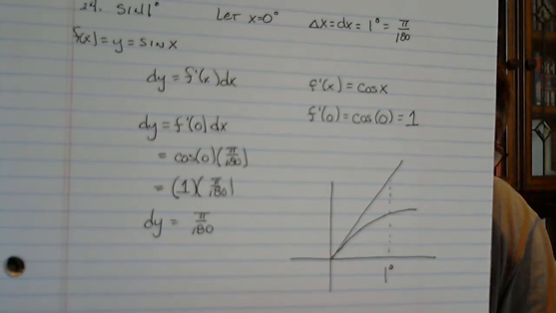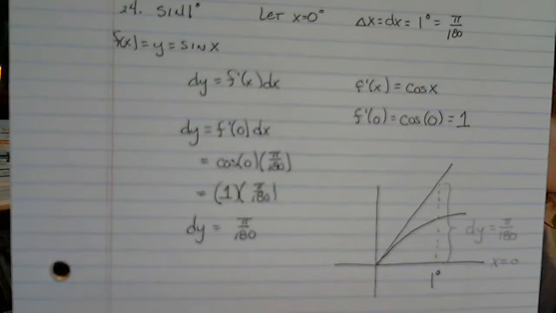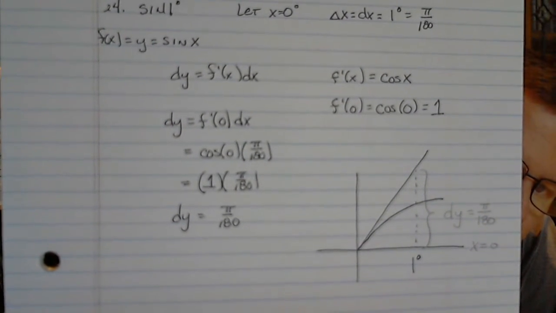What we said today in class is that dy, the value we just found, is the distance from the known y value, which in this case is sine of 0. X is 0, and sine of 0 is 0. So dy is the distance from x equals 0 up to the tangent line, and that's pi over 180.